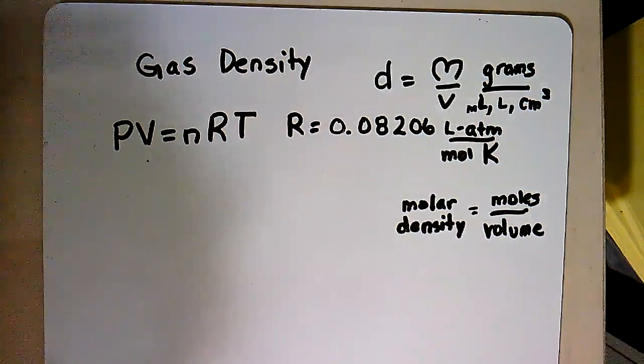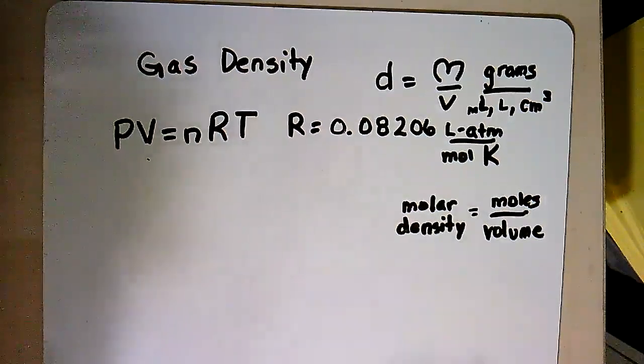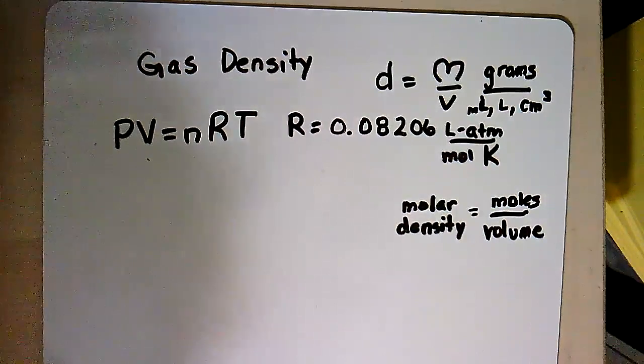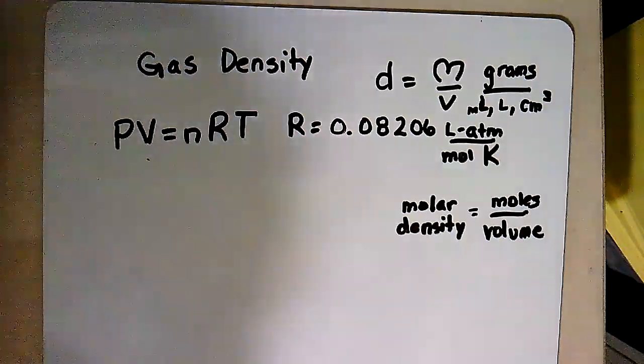Are they spread out? In the case of molar density, it's really the same thing in the sense that we're talking about how close together or how spread out moles are. And by this we mean individual particles. So molar density doesn't consider how heavy the particles are.